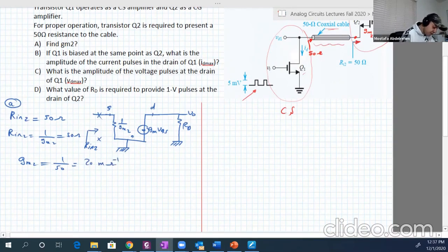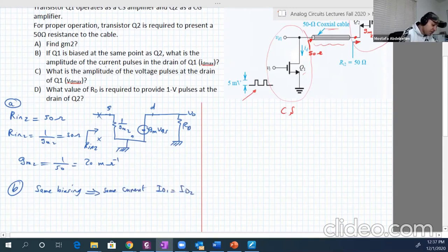Good, that's part A. So let's go to B now. If Q1 is biased at the same point as Q2, since they have the same biasing, they should have the same current. So same biasing means same current, so ID1 is equal to ID2.